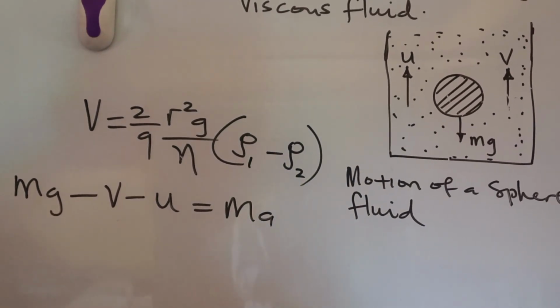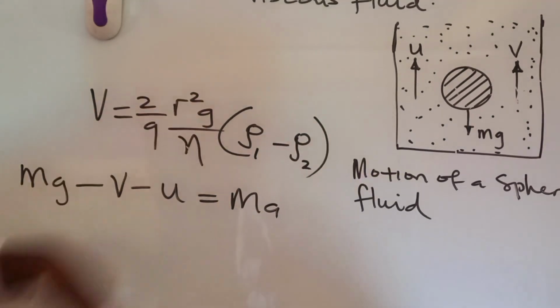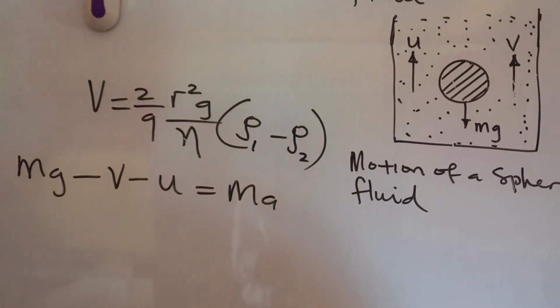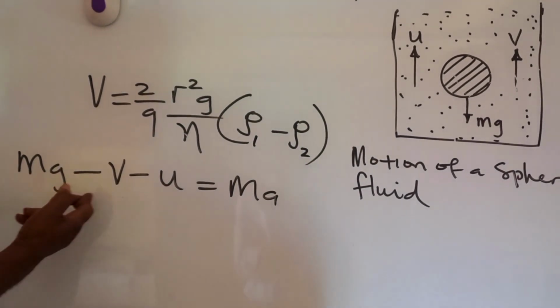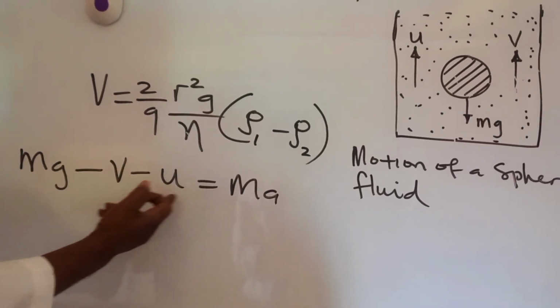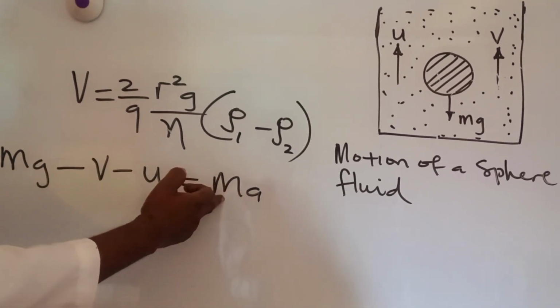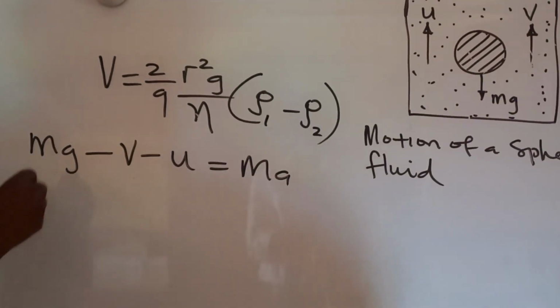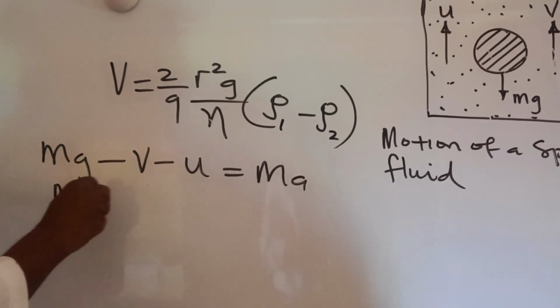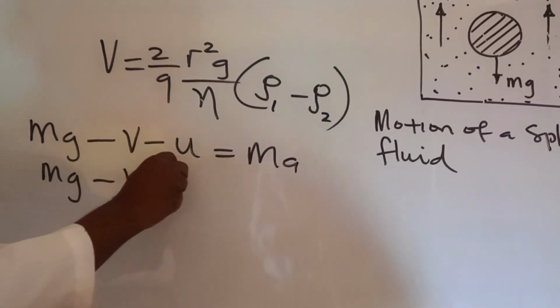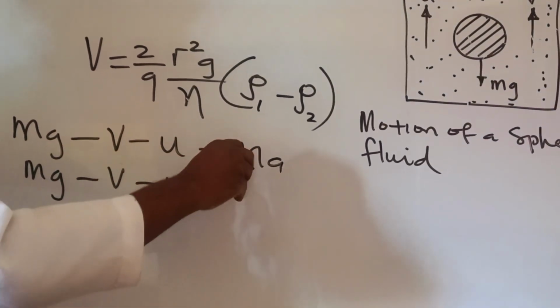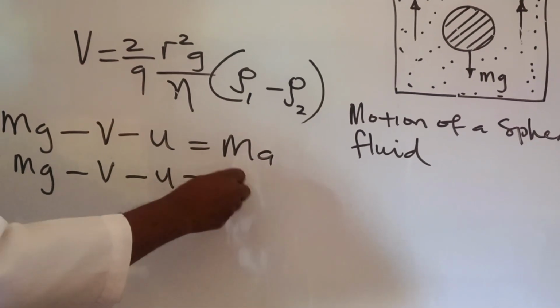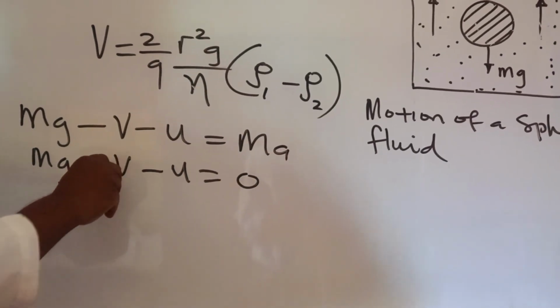Now, at a particular period, the sphere ceases to accelerate, and therefore, in this equation, mg minus V minus u is equal to ma, where m is the mass, acceleration becomes 0. So we can rewrite this equation as mg minus V minus u equals m times 0, which gives you 0. So I'm going to take this V to this side.